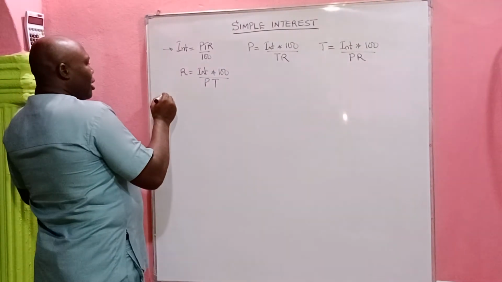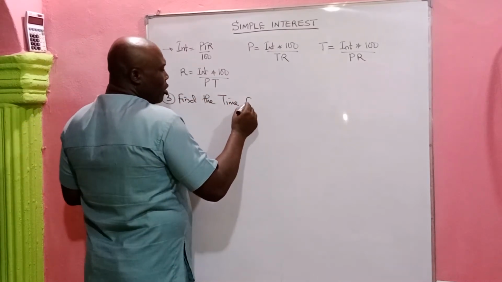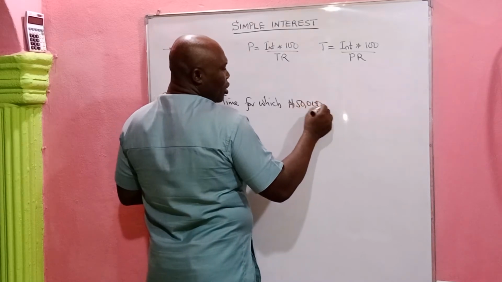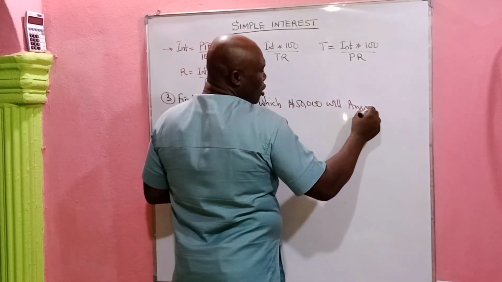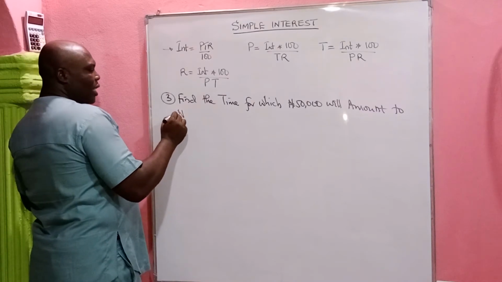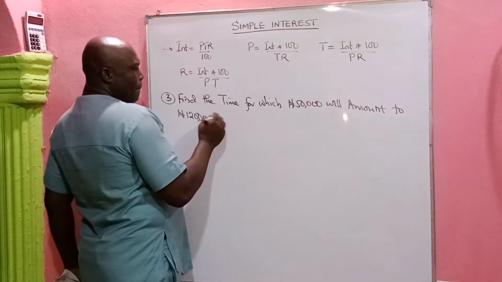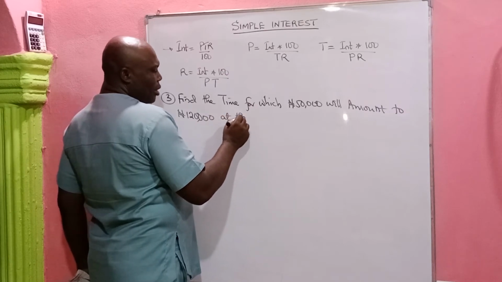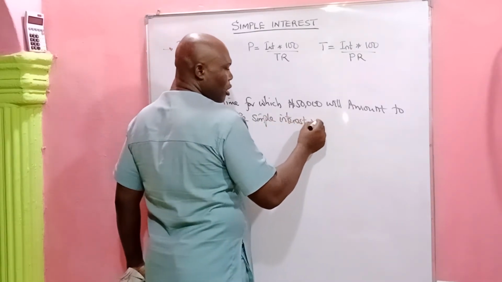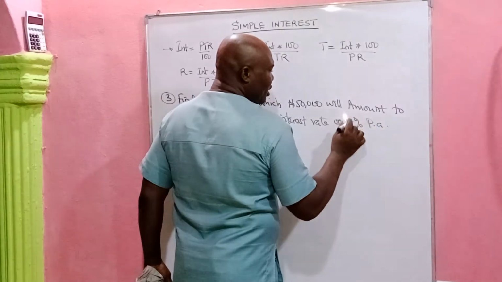We can be asked to find, number 3, find the time for which 50,000 naira will amount to 120,000 naira at the simple interest rate of 12% per annum.